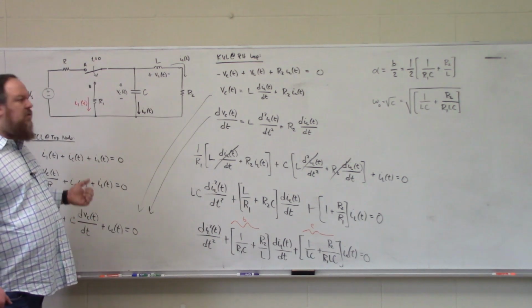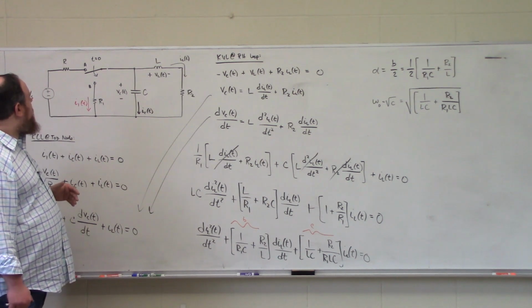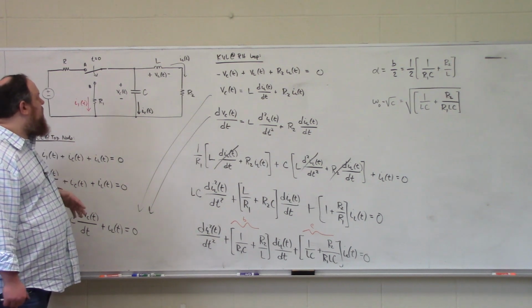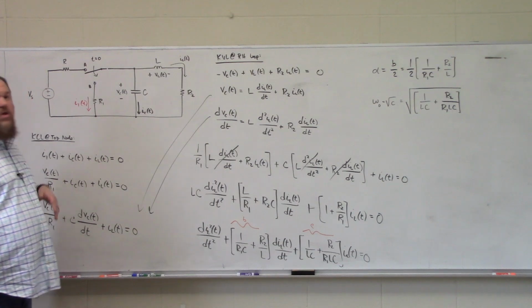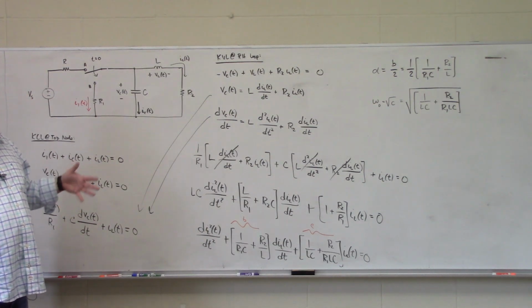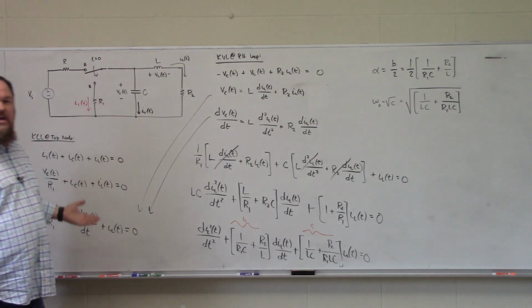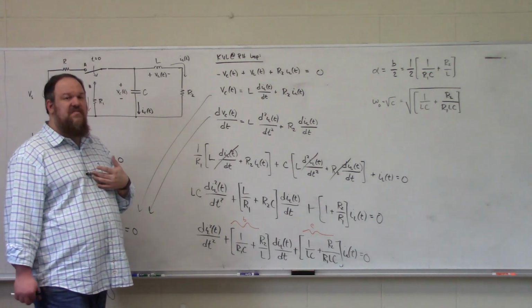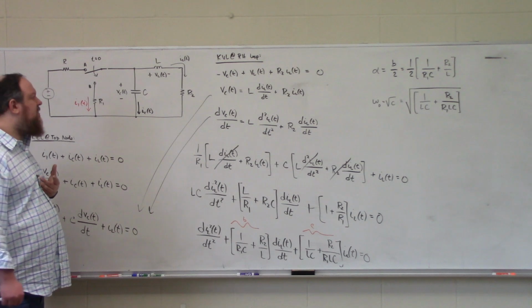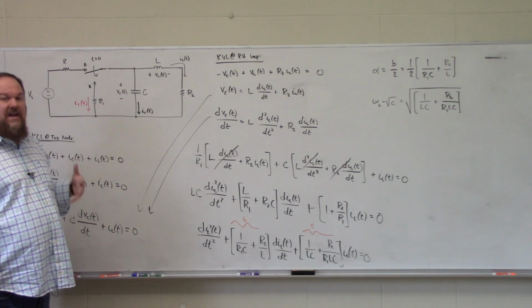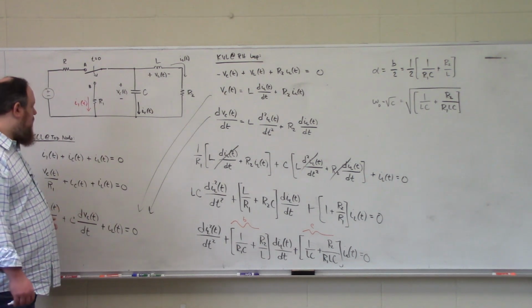KCL, KVL are perfectly adequate for 99 out of 100 types of these problems. You could also, if you were a little bit of a glutton for punishment, write mesh relationships or nodal analysis relationships. I personally find that using KVL and KCL makes my life a lot easier, but to each their own.